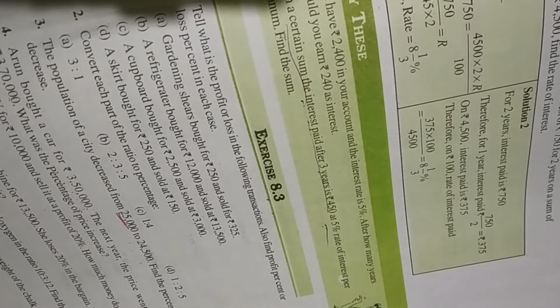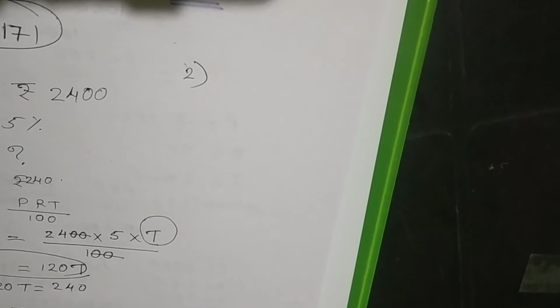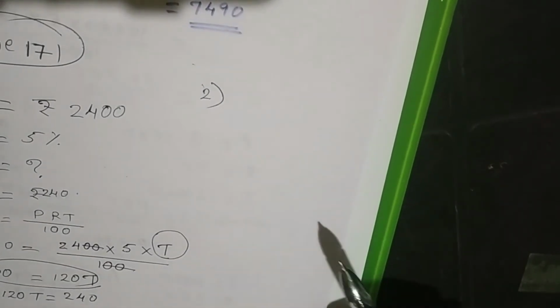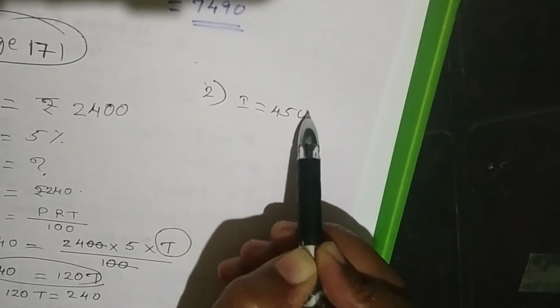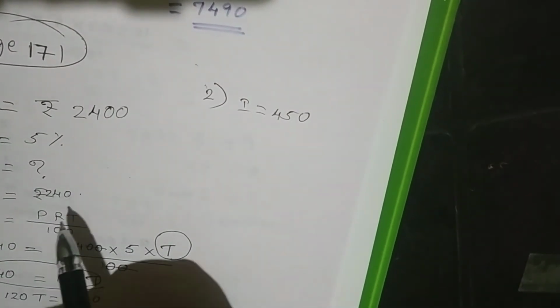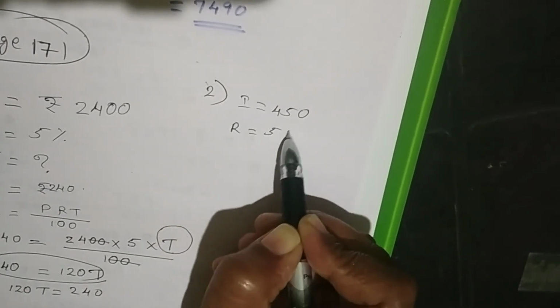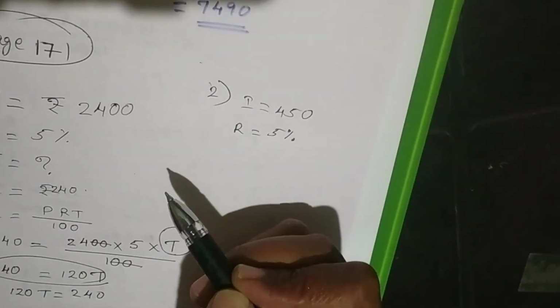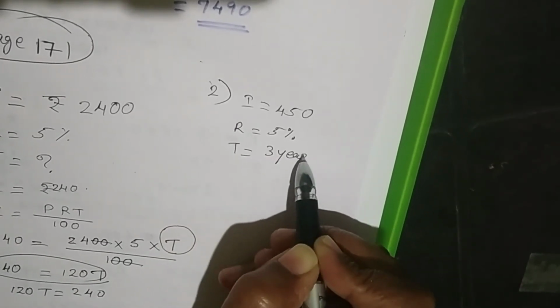The first amount we don't know. Here we know the interest, interest is equal to 450. Then rate, this we know, that is 5%. Then time T is equal to 3 years. Clear?